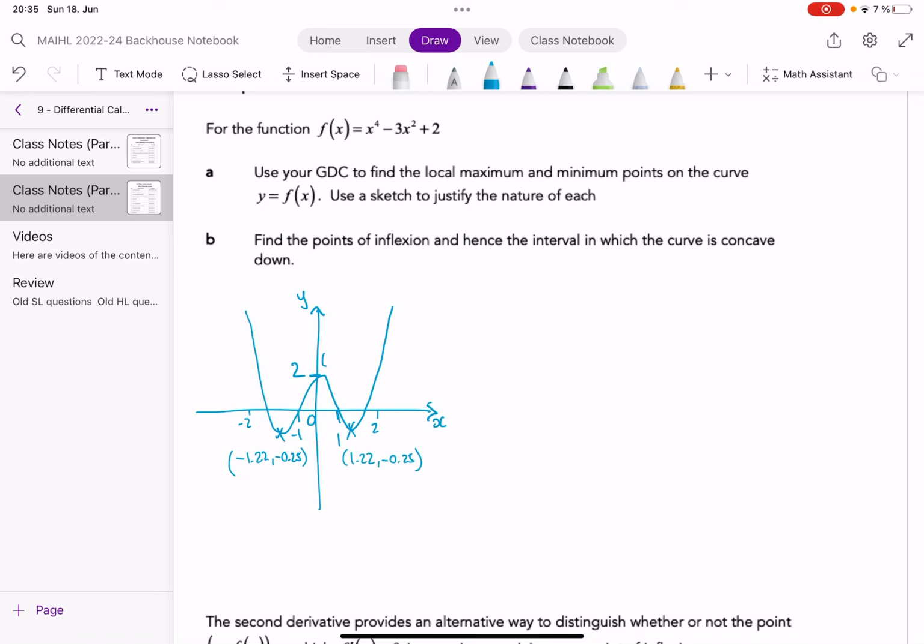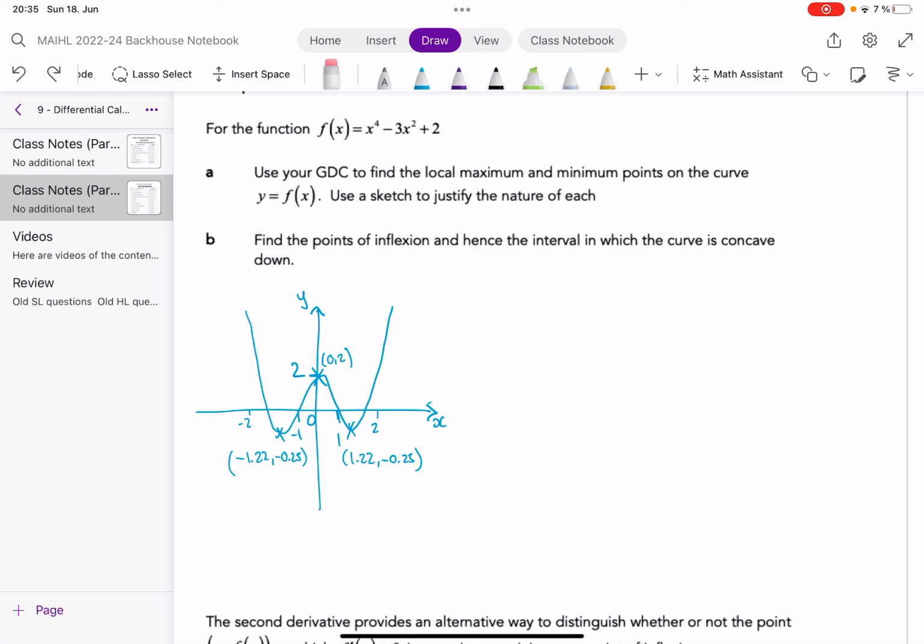And we know from this that this should be 0, 2. Let's just do a little X there. Okay, there are 3 maximum and minimum points. And we can see from the sketch that this is a maximum. Oh no, sorry. Let's try again. So this is a maximum.